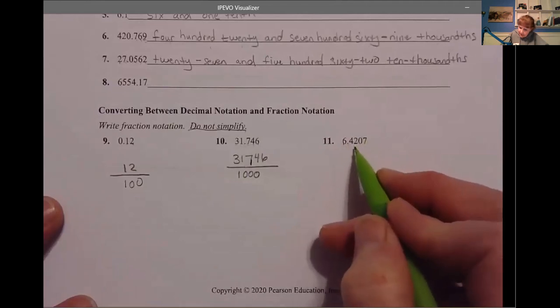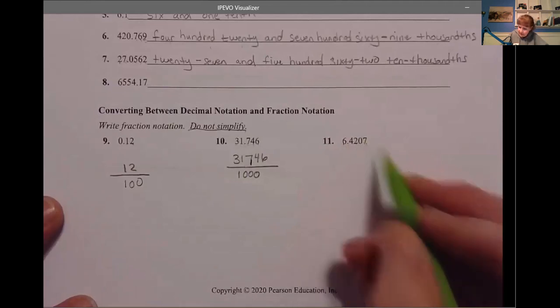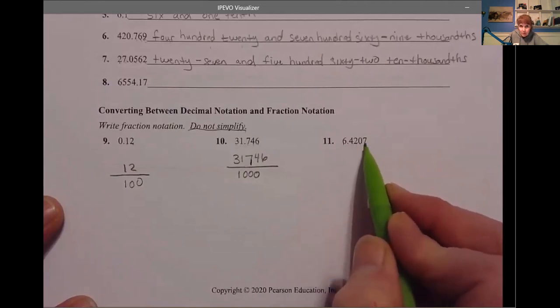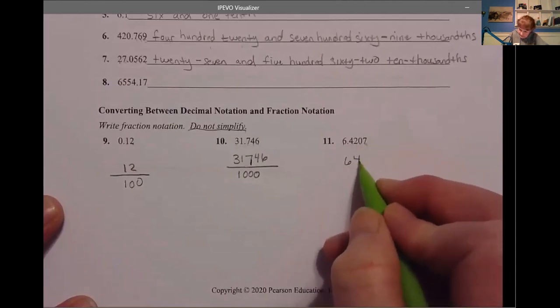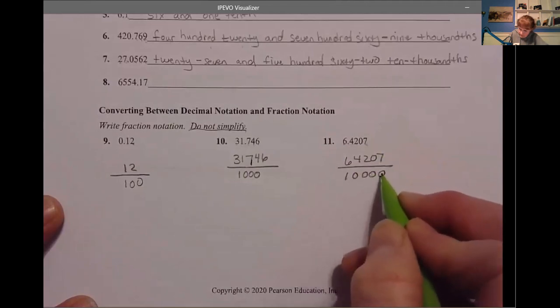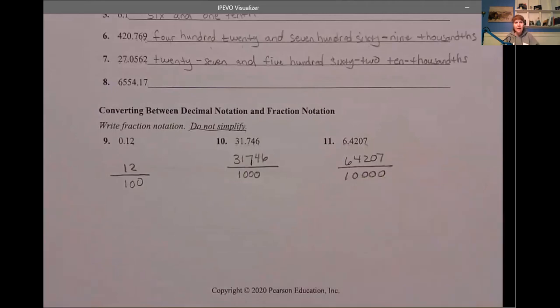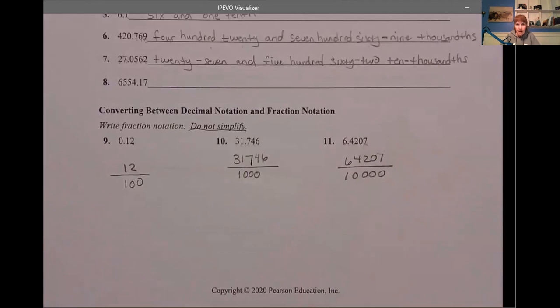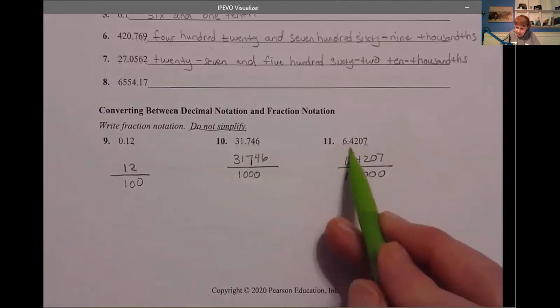6 and 4,207: tenths, hundredths, thousandths, ten thousandths. Yep, so ten thousandths, because the 7 is in the ten-thousandths spot. These here just kind of go along.